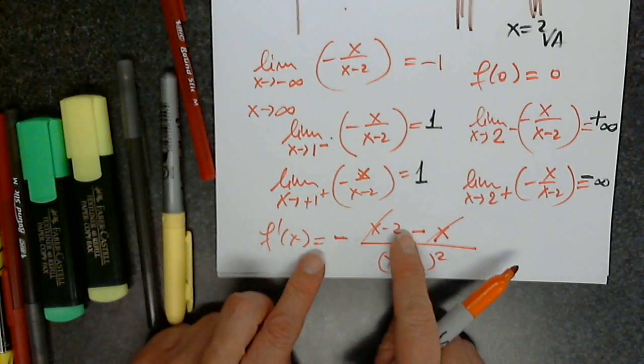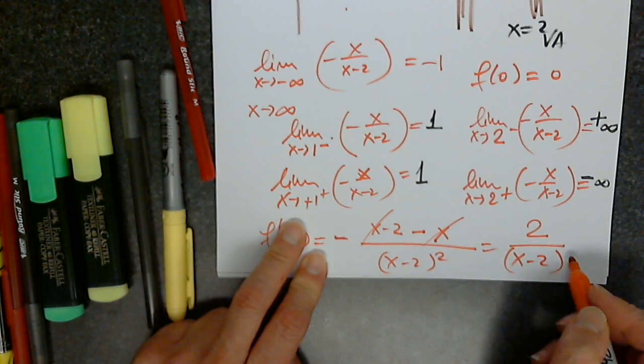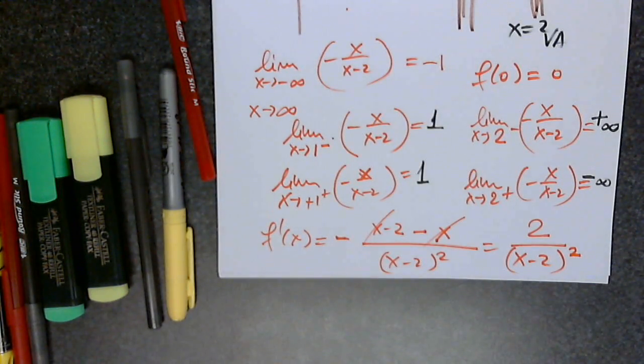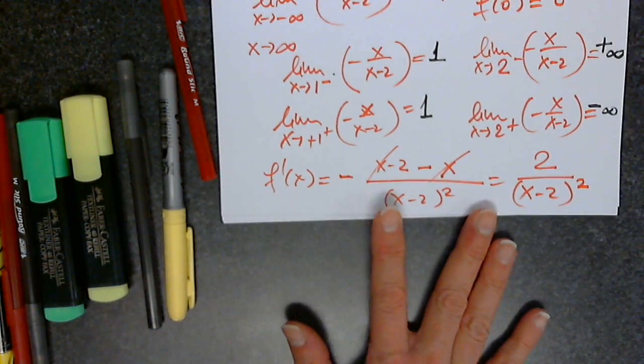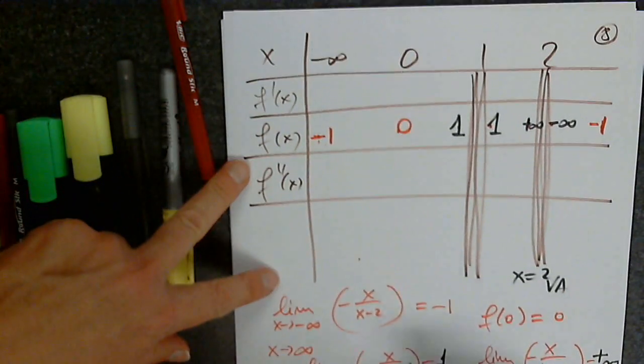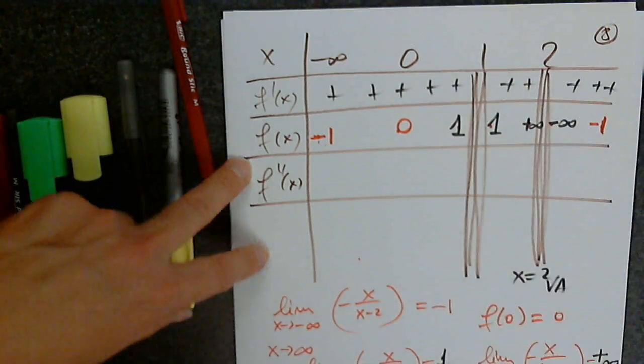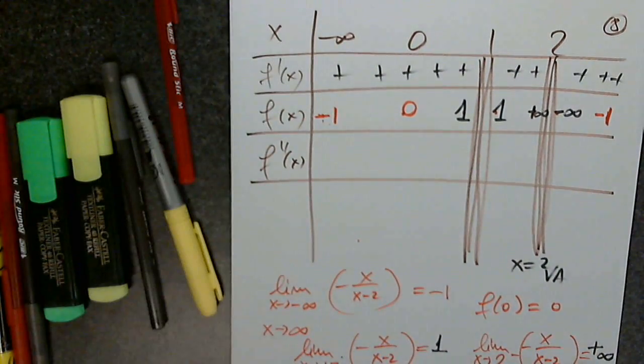These two go away with minus in front. This is 2 over x minus 2 squared. When is this 0? Never. What is its sign? Always positive. Good. I'm done. No critical numbers, no max or min. The function is always increasing on all its domain.